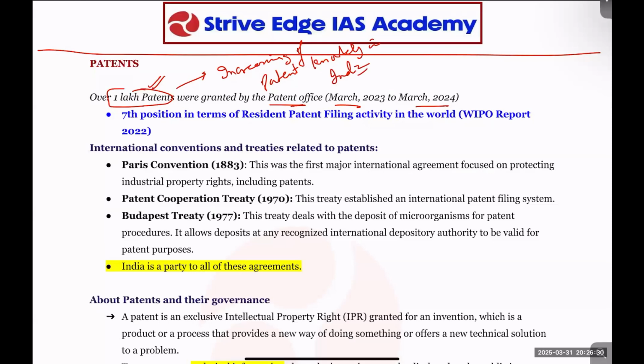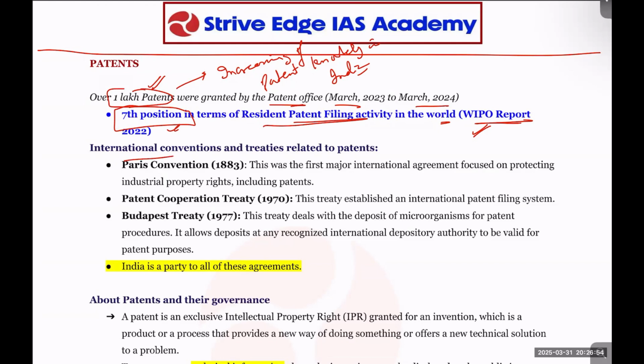Now India has got 7th position in terms of resident patent filing activity in the world, according to the WIPO report. What is this WIPO? We will talk about it later, but you should remember that we have now reached the 7th position in terms of filing of IPRs, filing of patents.